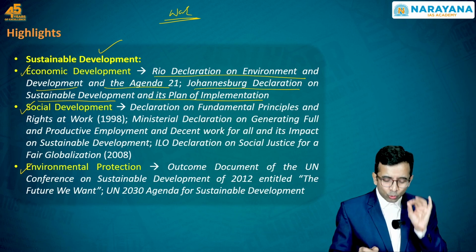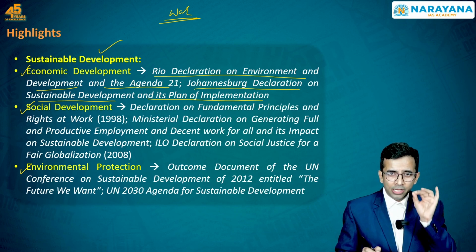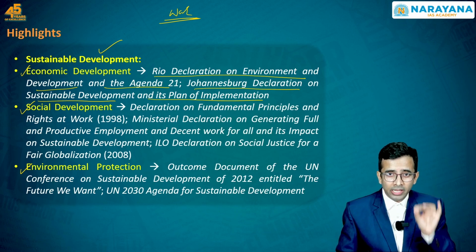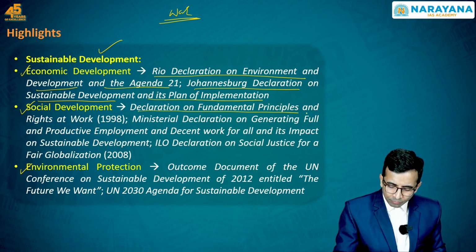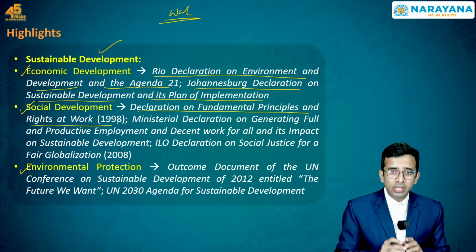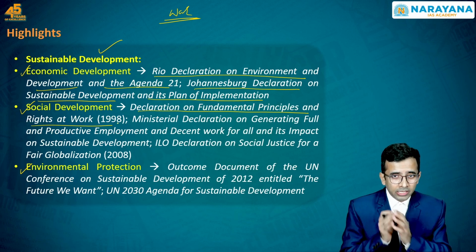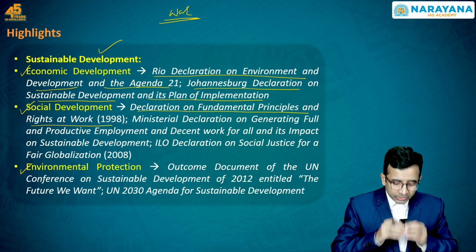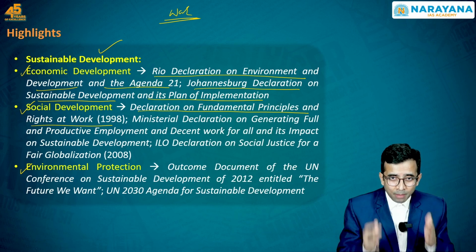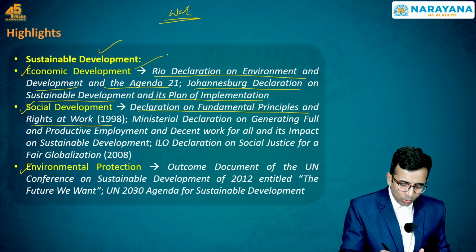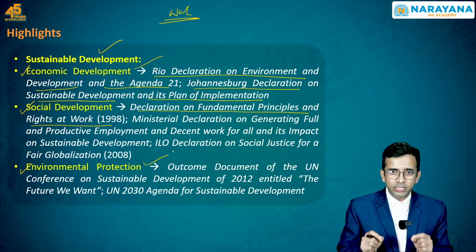Second, as part of social development, we have accepted certain norms which have been signed under the aegis of the International Labour Organization. Hence, the Declaration on Fundamental Principles and Rights at Work, signed in 1998 under the aegis of ILO, which is catering to this social development, and it has been recognized that unless this happens, sustainable development through economic development and environmental protection is not possible.